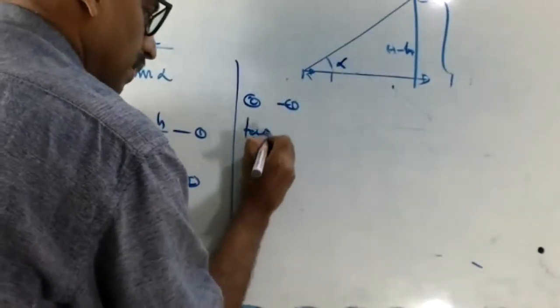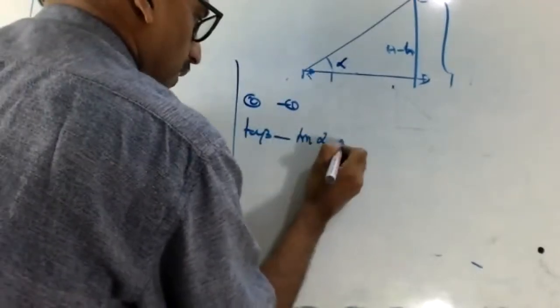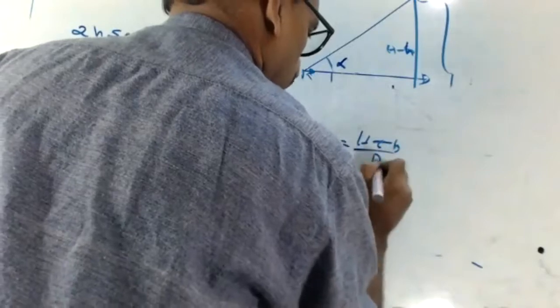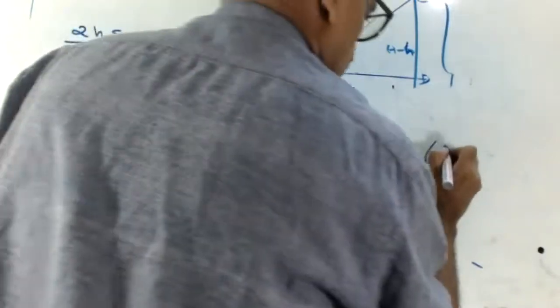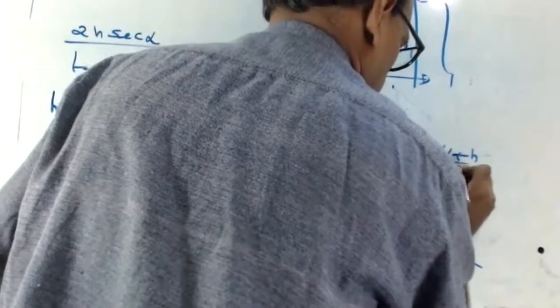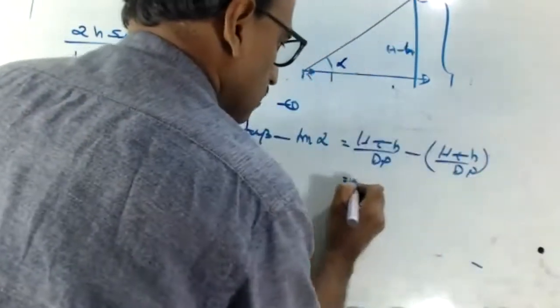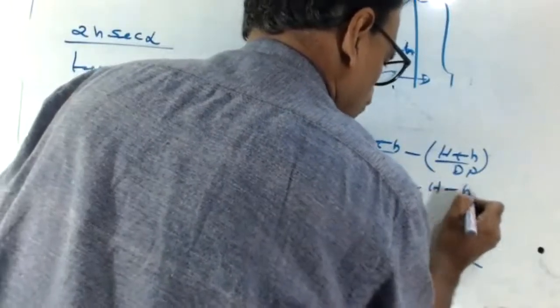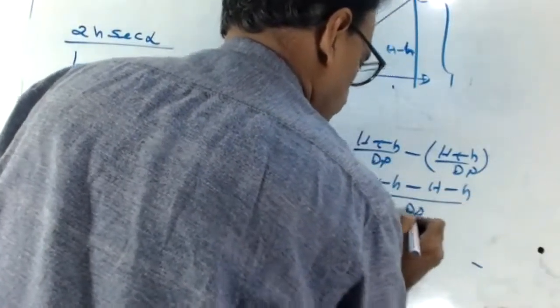Tan beta minus tan alpha equals (H plus h) by DP minus (H minus h) by DP, that is H plus h minus H plus h by DP.